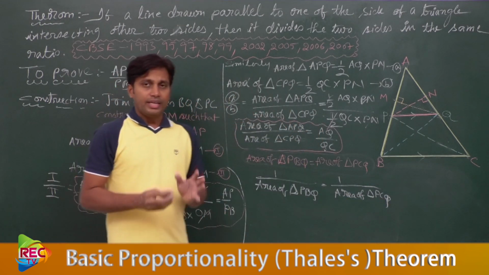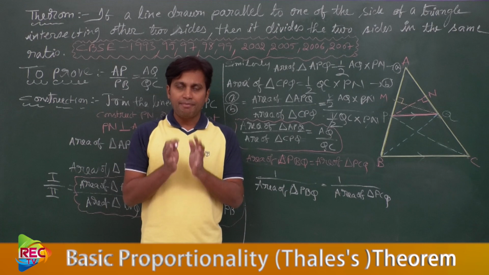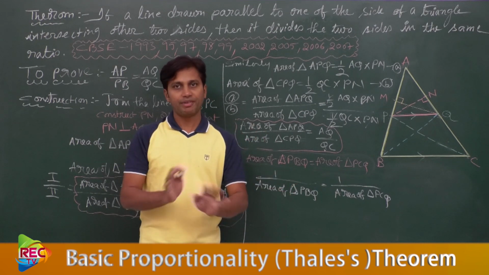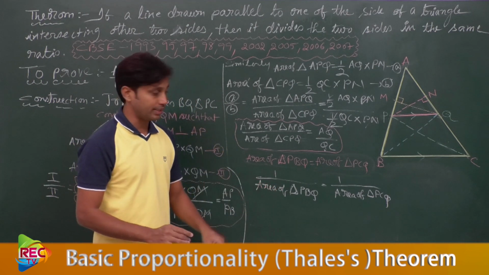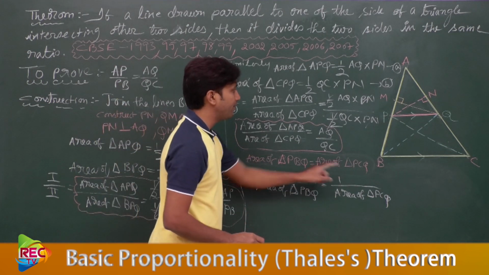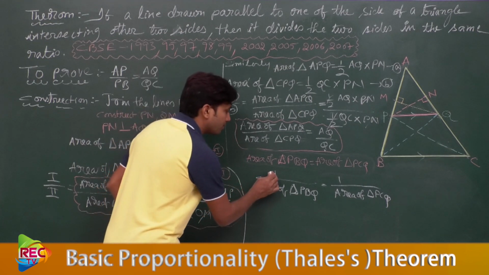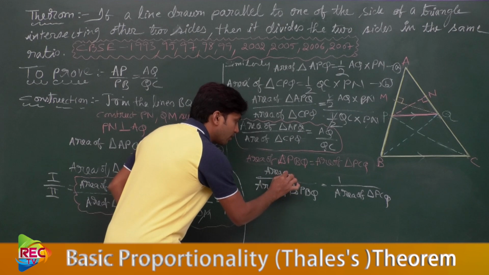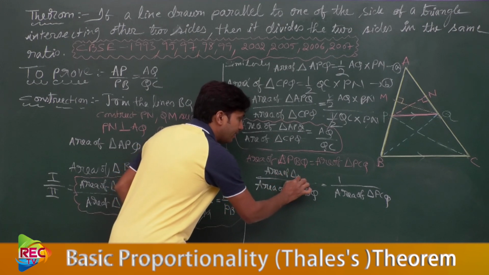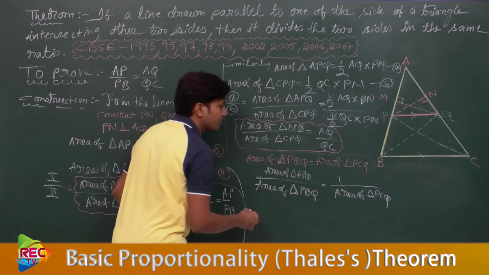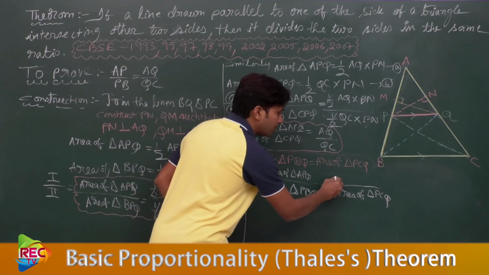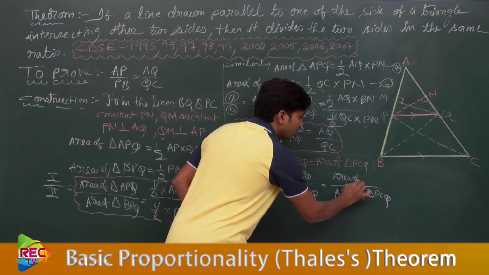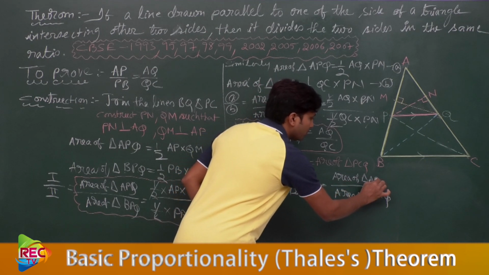Okay, now if you multiply with the same number on both sides of the equation, then the equation remains the same. It will never change. So let us do one thing. Here the numerator should be multiplied with the area of APQ. So here also we are multiplying the numerator with the area of triangle APQ, and here also we will multiply the numerator with the area of triangle APQ.